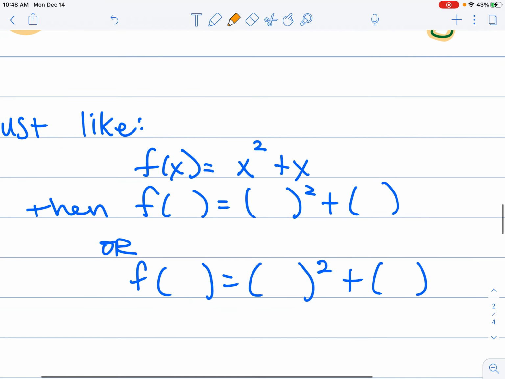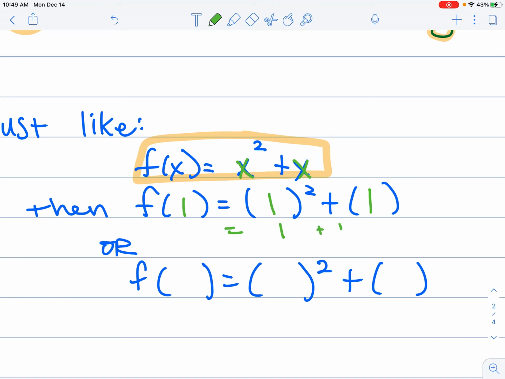So just like if I'm giving you here that f of x equals x squared plus x, let's say I wanted to find f of 1. Then instead of x, every time I see x, I'm going to plug in 1. Which in turn would give us 1 squared is 1 plus 1 equals 2.